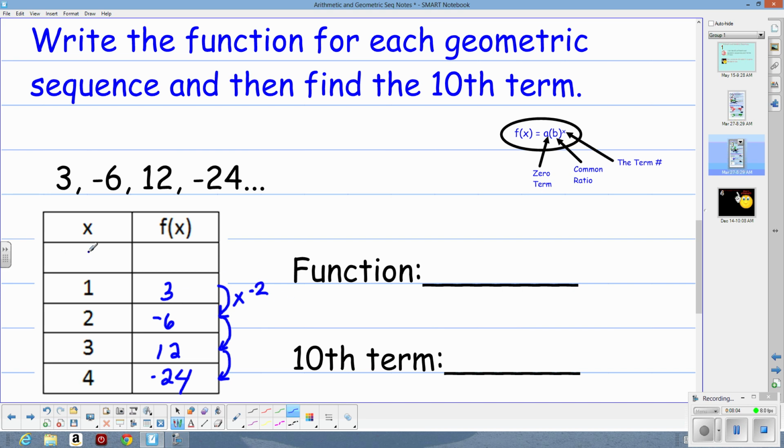Now if we went backwards to the 0 term, instead of multiplying by negative 2, we'd want to go backwards, we'd want to divide by negative 2. 3 divided by negative 2 is negative 1.5.